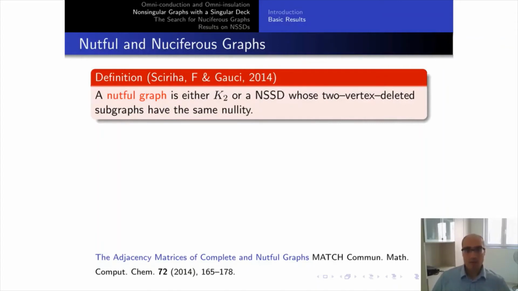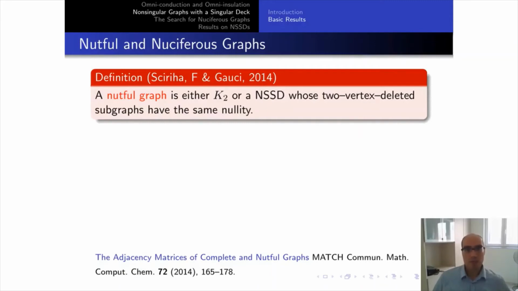So we have an NSSD whose nullity is 0. Its one vertex deleted subgraphs have nullity 1, and in this case, we have the two vertex deleted subgraphs that have nullity 0. But we have already said that in the case of a NUT graph, we have a graph whose nullity is 1 and whose vertex deleted subgraphs are of nullity 0.